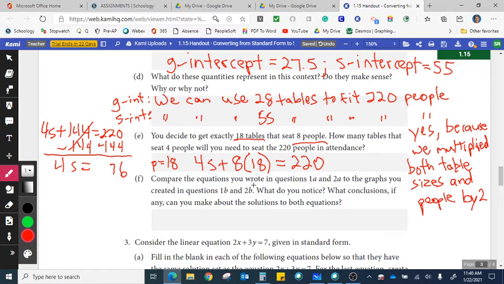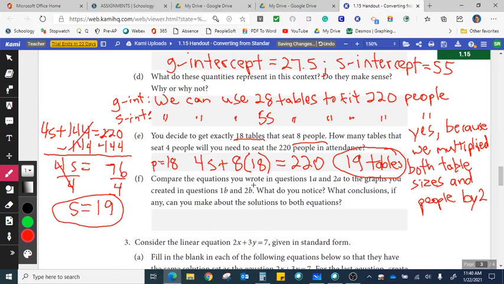Borrow from that, so 76, and then I'm going to divide by 4. 4 goes into 7 one time, and I have 3 left over, so 36. 4 goes into 36 9 times. So how many tables that seat 4 people will you need to seat 220 people? 19 tables.